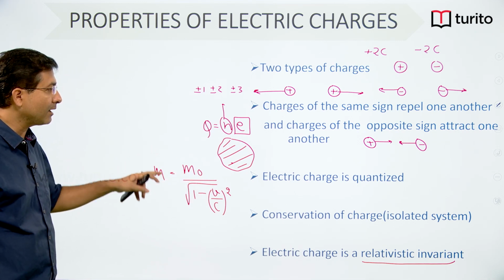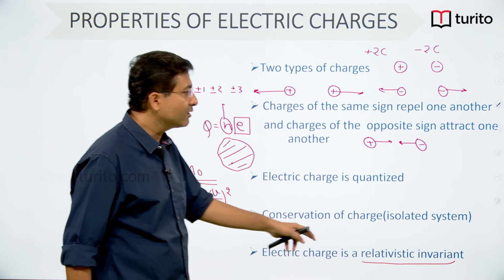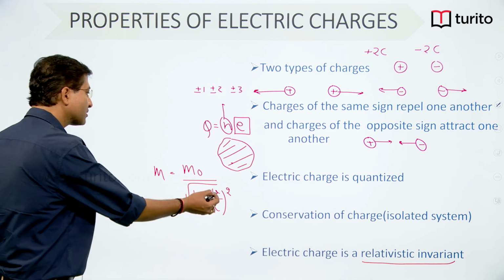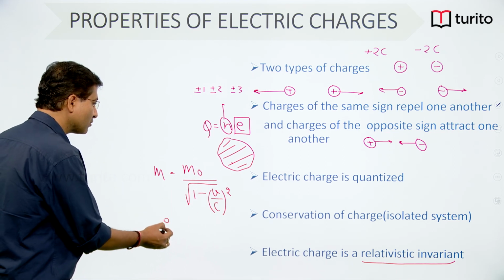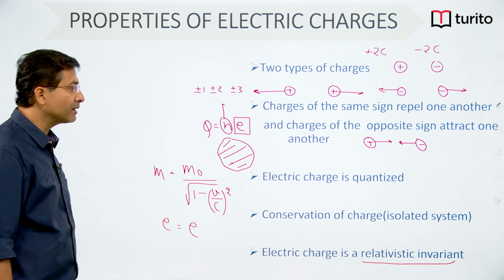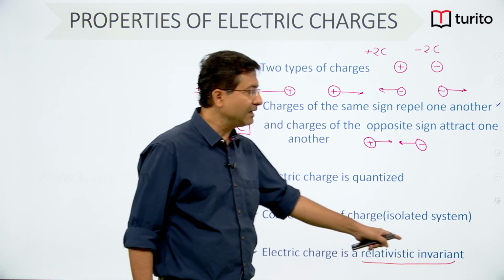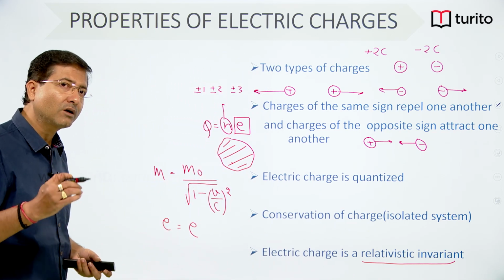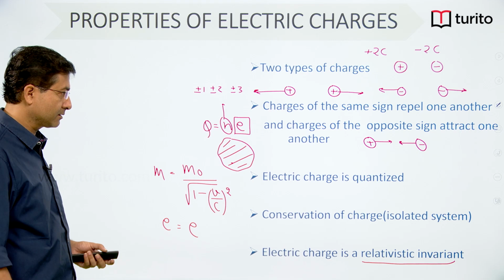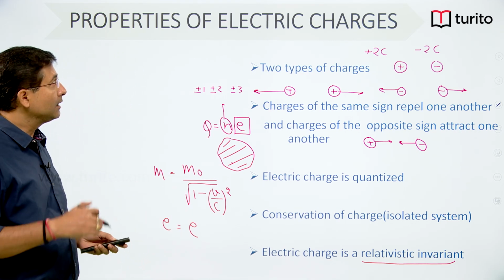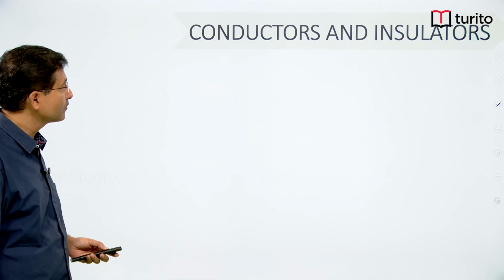So energy and mass are relativistic variants, but no matter whatever be the velocity of the electron, the charge on the electron will remain the same. This property is called relativistic invariant. So charge on electron is one of the invariants of physics, right, unlike mass. Now, let us move to the next property.